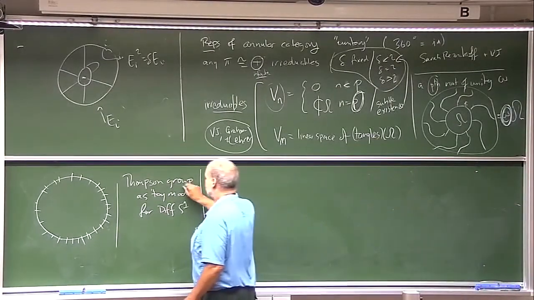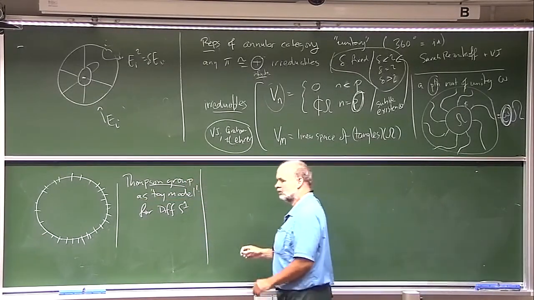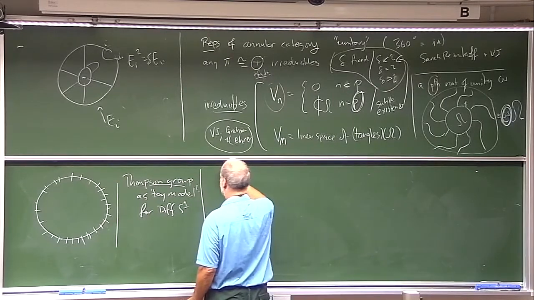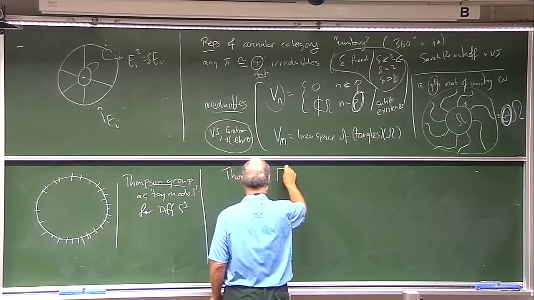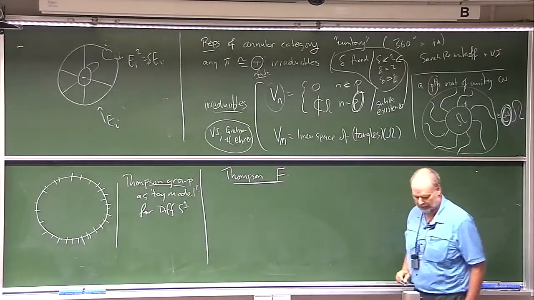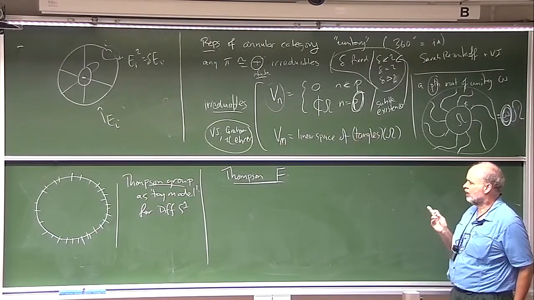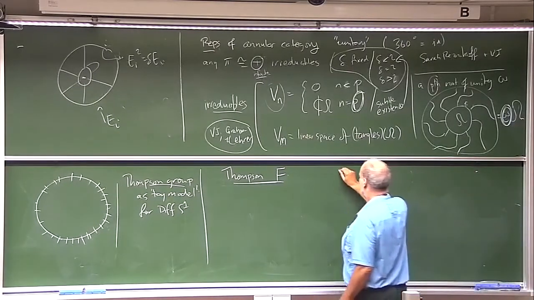So in order to start this, I have to tell you what the Thompson group is. Since probably most of you haven't seen it before, let me define it. There's two Thompson groups, F and S. To define Thompson group F, this is Richard Thompson, not the field medalist guy, it's a version for the interval.